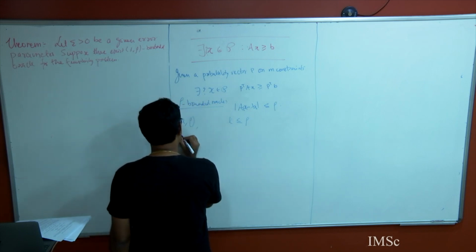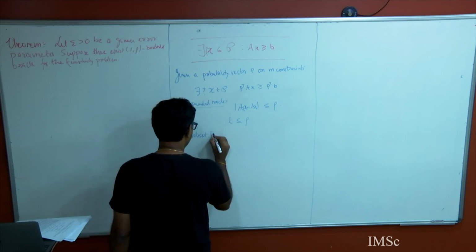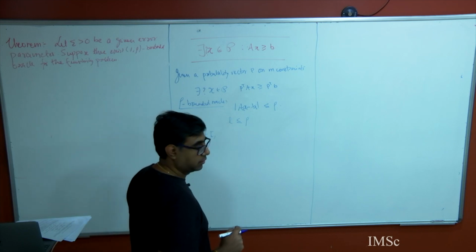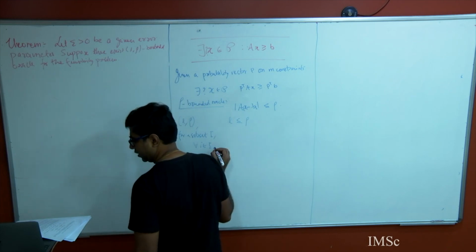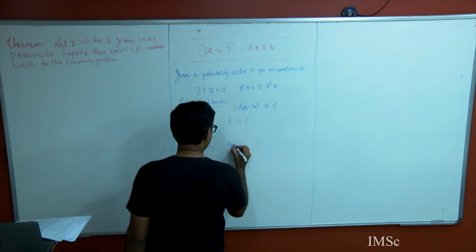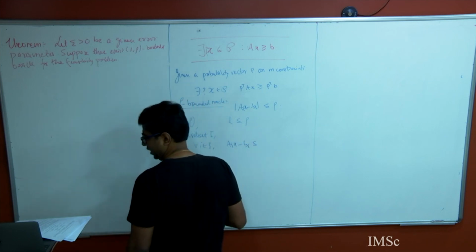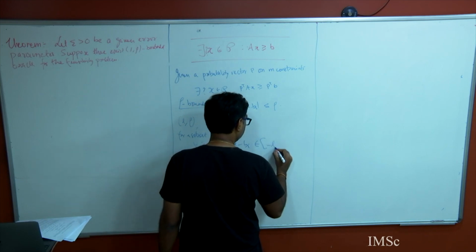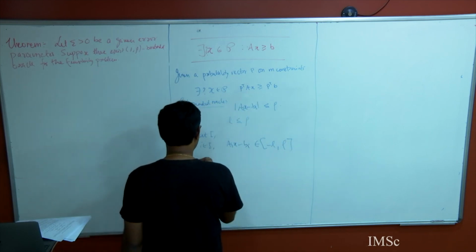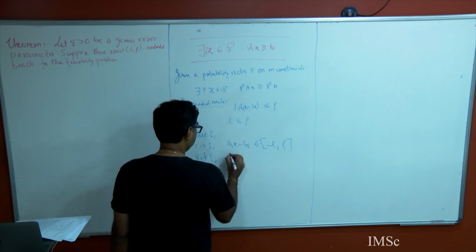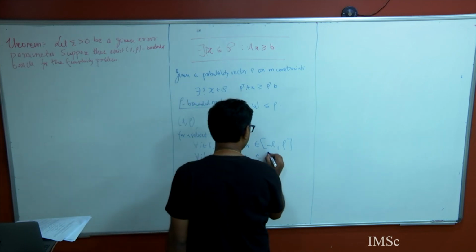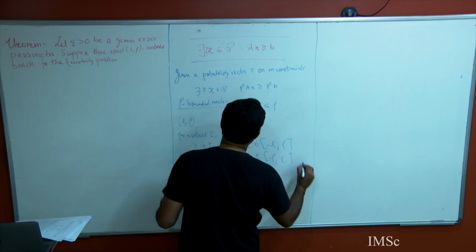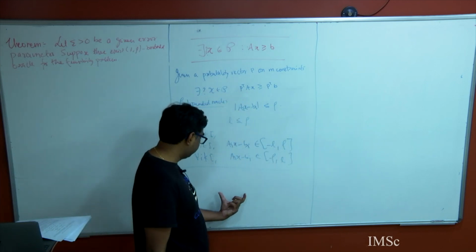And for a subset I, for all i in I, we wanted a_i x minus b_i to be an element of minus L times rho, and for all i not in I, a_i x minus b_i is an element of minus rho comma L.